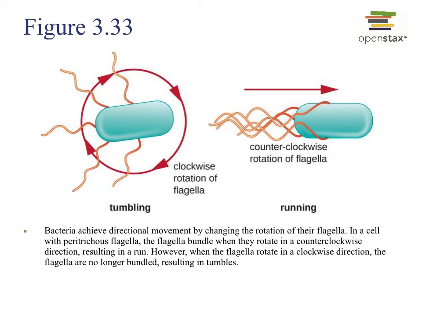And they can rotate these in one direction or the other direction to help them change direction. So often they will all rotate them in the same direction, and they'll actually swim quite quickly. But then when they want to change direction, they'll rotate them in the opposite direction, and they'll tumble. And so you see this whenever bacteria want to move.